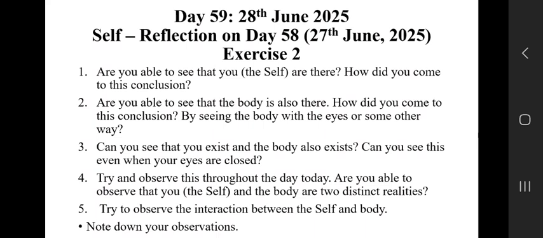Actually, this injury is what? Some chemical change has happened in the body. But who feels the pain? Self. Self feels the pain. I give it the meaning that this is a painful, unpleasant sensation.